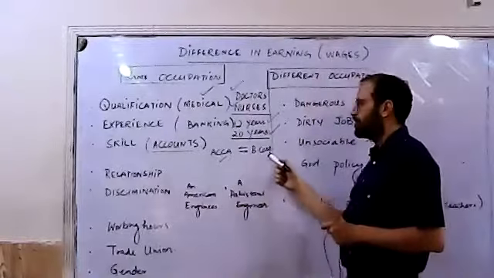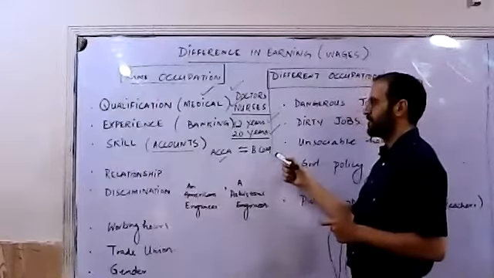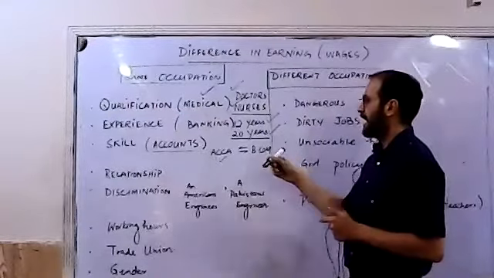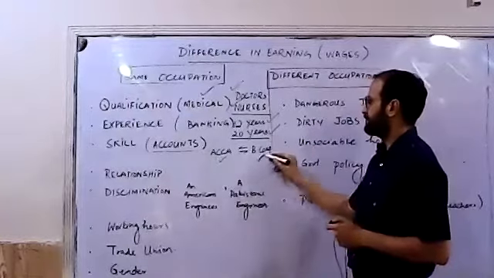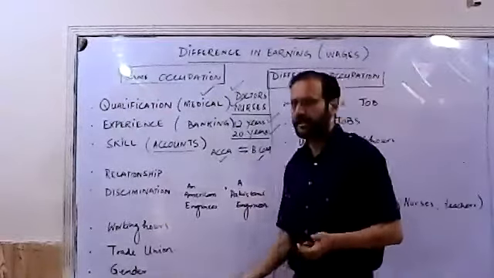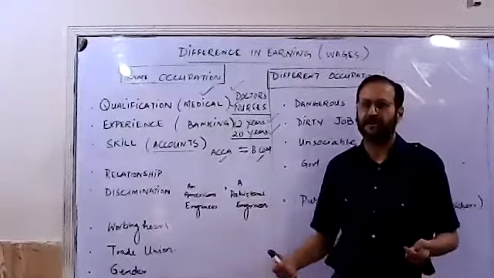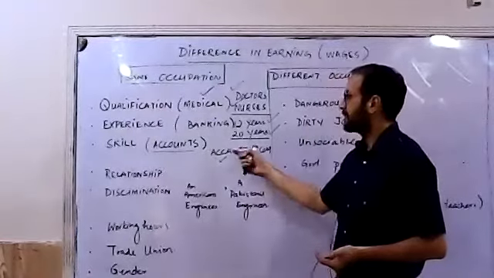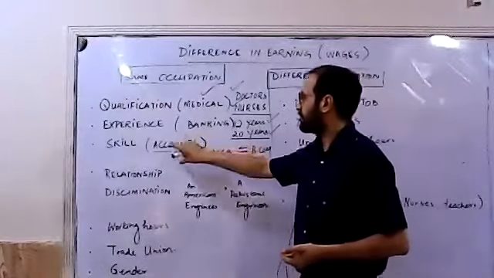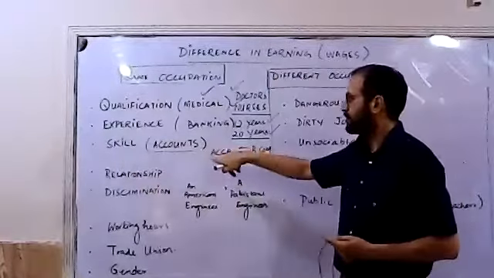Whereas the B.Com student, qualified with the B.Com degree, the worker with this degree has a lesser salary. Why? Because both are actually skilled at doing the same job, just to find out and maintain the books. But why the ACCA? Because it is understood that the ACCA candidate or worker has greater skills to produce.